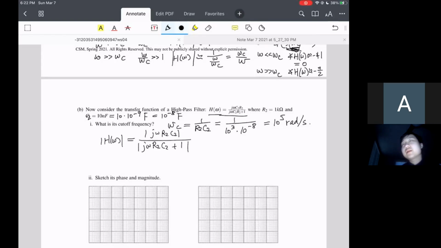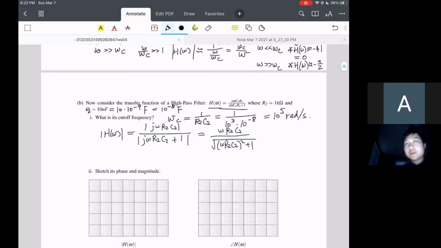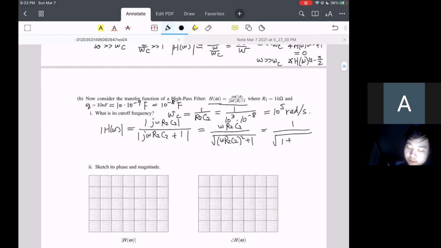And then we compute the magnitudes on each side separately. So this is actually equal to omega R2C2 over root omega R2C2 squared plus 1. Okay, for the sake of simplicity, we just divide both sides by omega R2C2 to get this being equal to 1 over root 1 plus 1 over omega R2C2 squared.